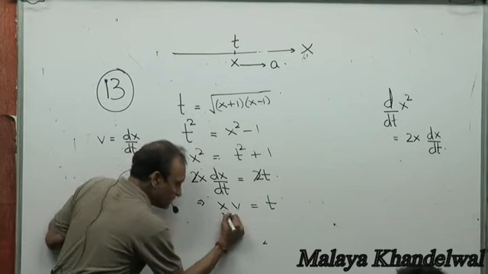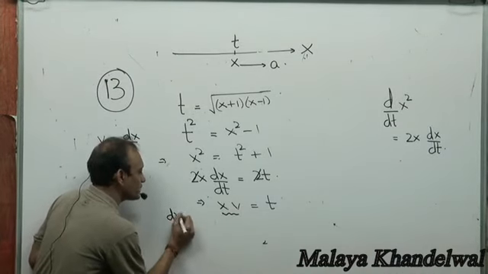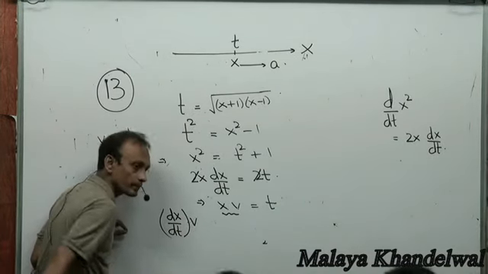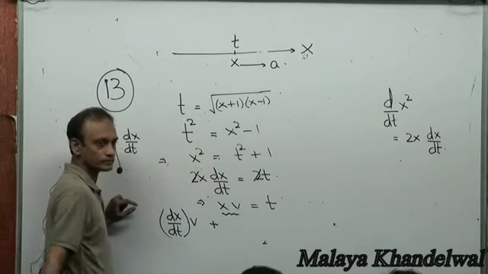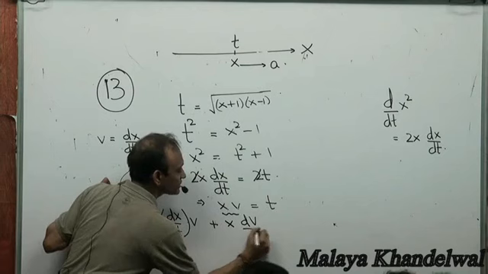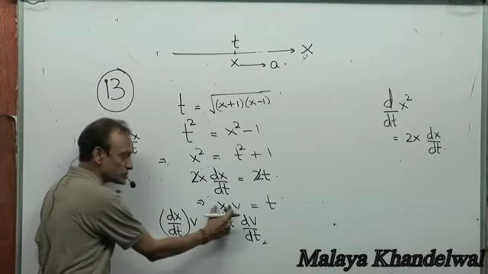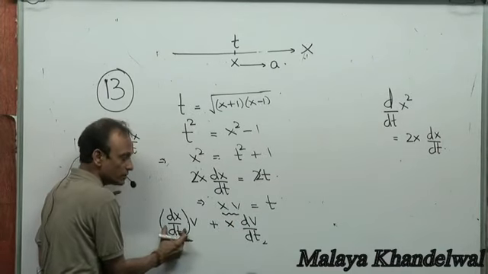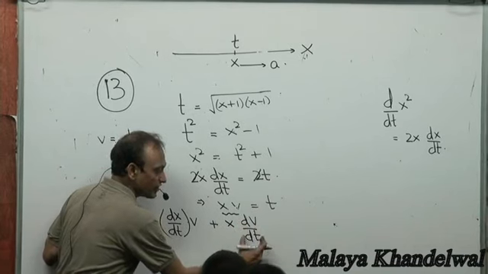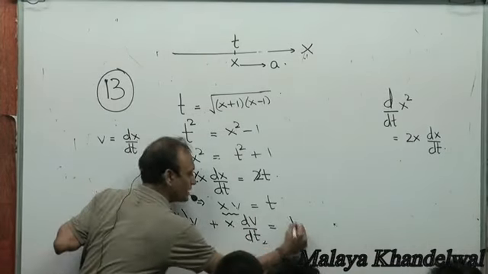The derivative of the product is derivative of x with respect to time into v, plus x into derivative of v with respect to time, isn't it? And the right side is d/dt of t, which is 1, yes or no?